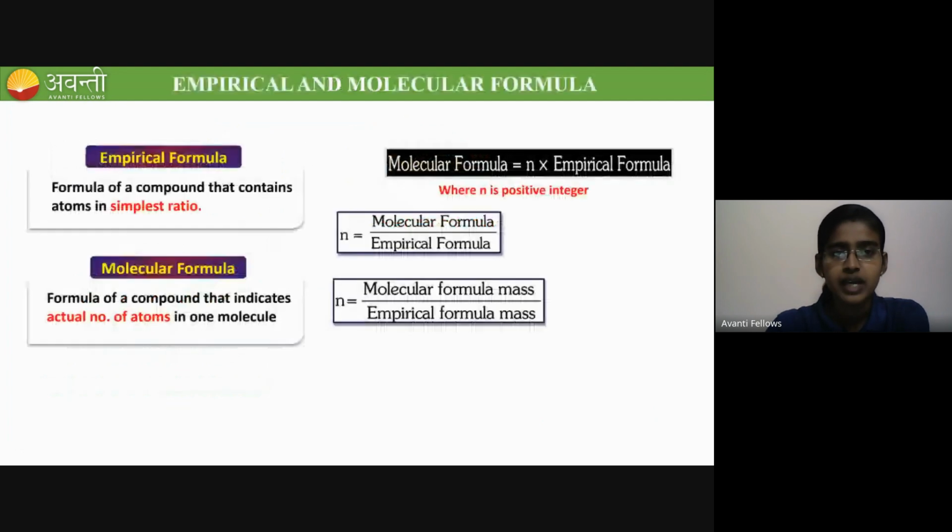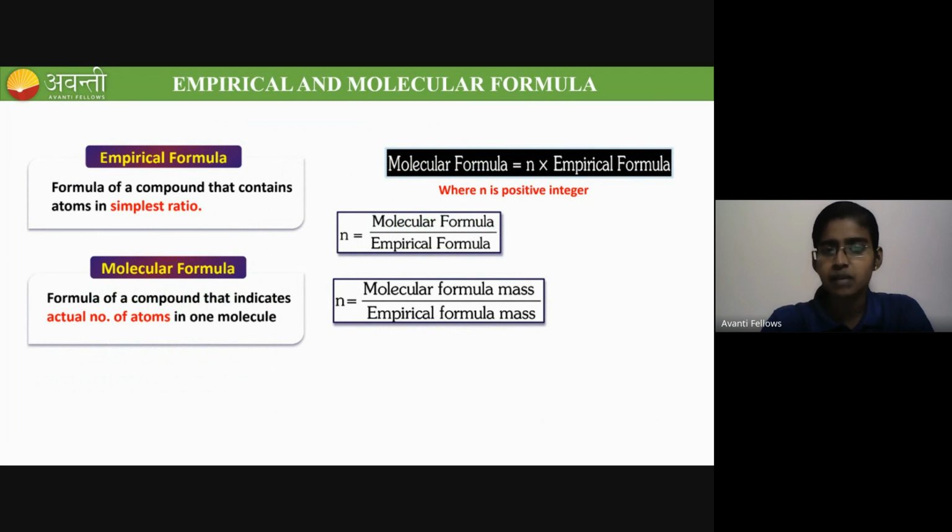And coming to the empirical and molecular formula. Empirical formula is the formula of a compound that contains atoms in simplest ratio. But molecular formula indicates the actual number of atoms in one molecule. So there is a relationship between molecular formula and empirical formula. Molecular formula is equal to n into empirical formula, where n is a positive integer.